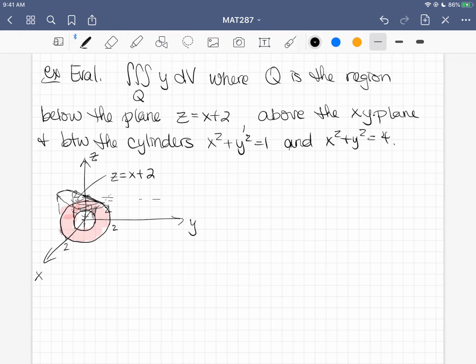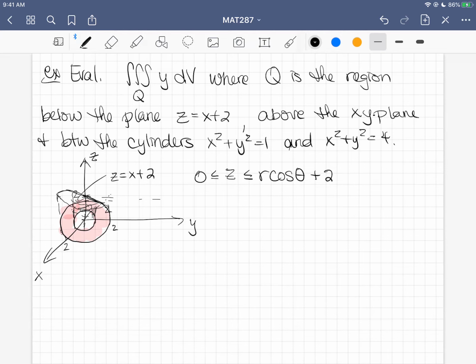Because I've got two circles here in the xy plane that are bounding my region of integration. So let's start with my bounds on z. Well, z is going to go from the xy plane up to this plane z equals x plus 2, but I want to put that in cylindrical coordinates. So it goes from 0 to x plus 2, but x is r cosine theta. So I have r cosine theta plus 2.